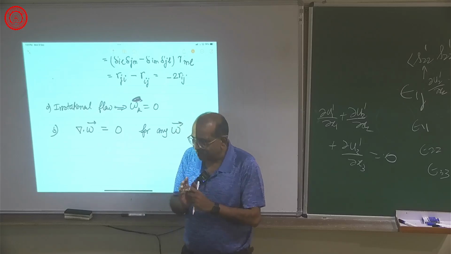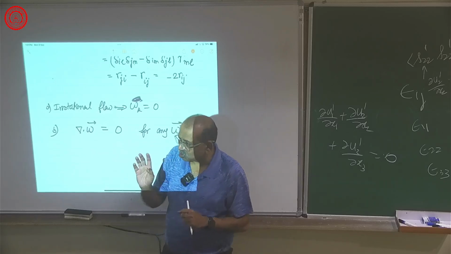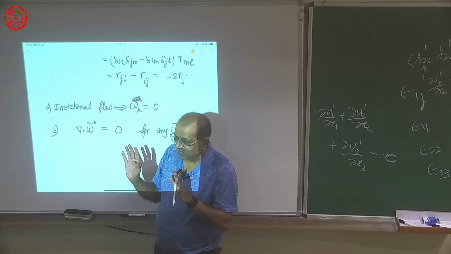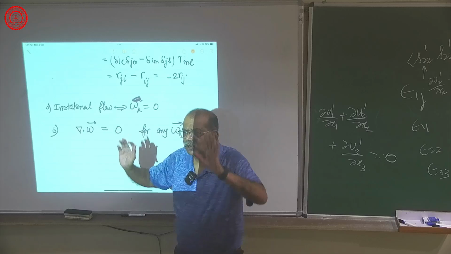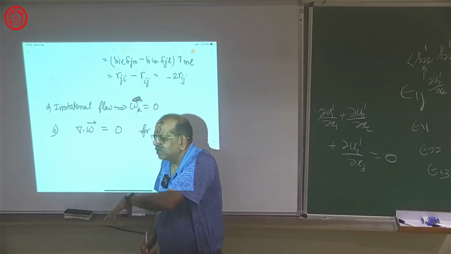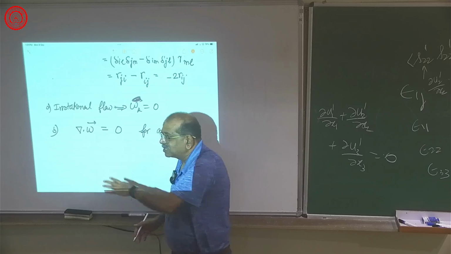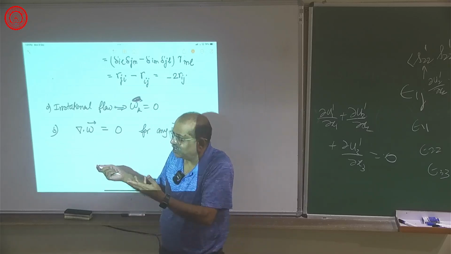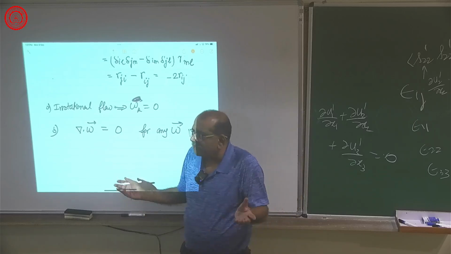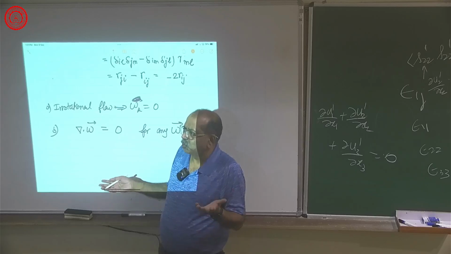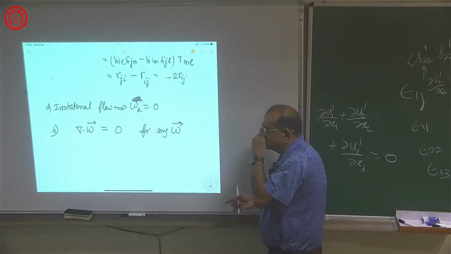For velocity, the condition becomes density is constant, or the flow is incompressible, then del dot V is 0. But del dot omega is always 0, whether the flow is compressible or incompressible, just by the fact that omega is defined as del cross V. It does not depend on what type of flow it is. It is just the definition of it.